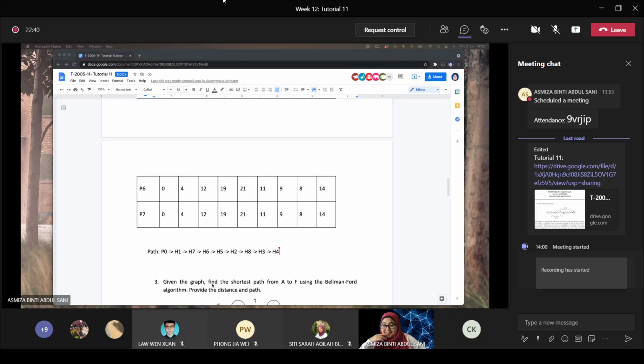You can actually get the answer from the table that you gave. It's supposed to be 21.